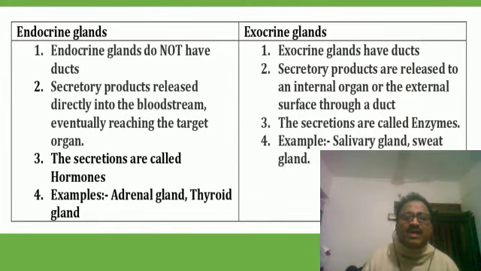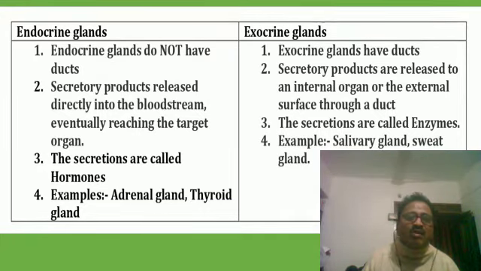Let us know the differences between endocrine glands and exocrine glands. Endocrine glands do not have ducts, but exocrine glands have ducts. Secretory product is released directly into the bloodstream, eventually reaching the target organs, with endocrine glands. But in exocrine glands, secretory products are released to an internal organ or the external surface through a duct.